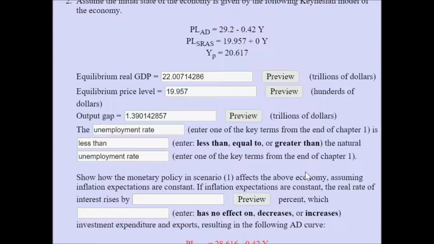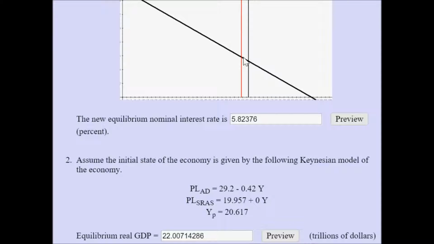Next, I want to show how monetary policy in scenario 1 up here affects this model, assuming inflation expectations are constant. If inflation expectations are constant, the real rate of interest rises, because if the nominal rate of interest rises and inflation expectations are constant, according to the Fisher effect, the real rate of interest rises by the same quantity.